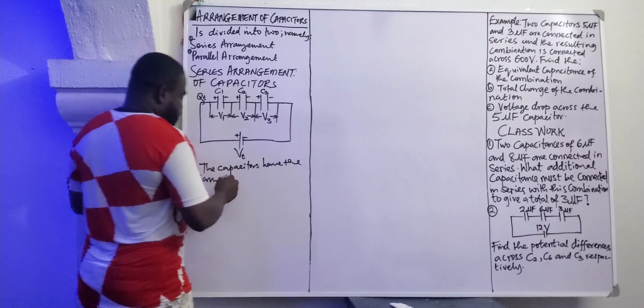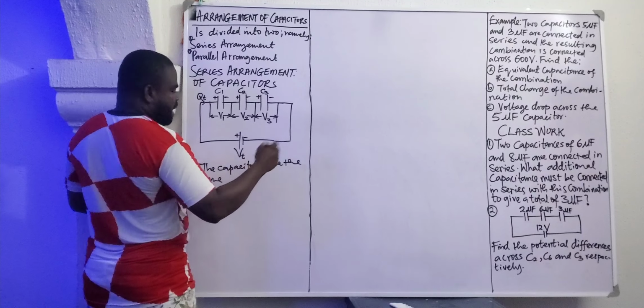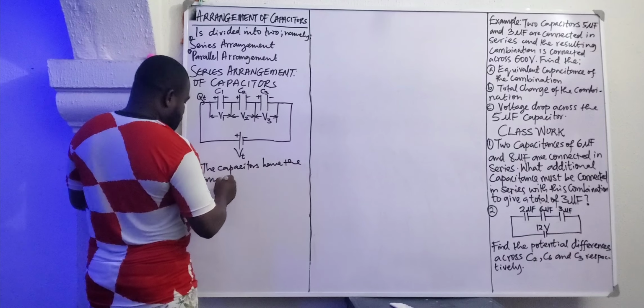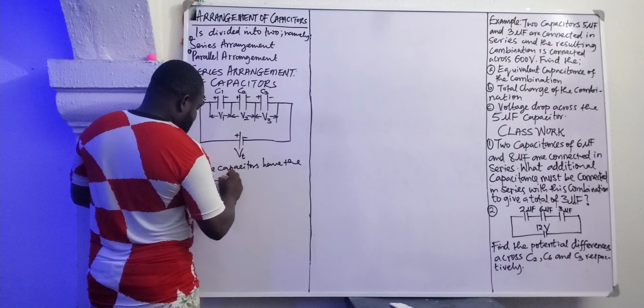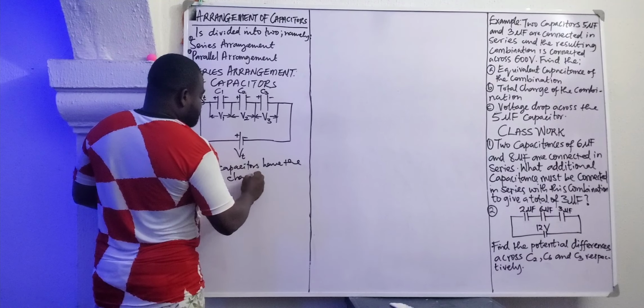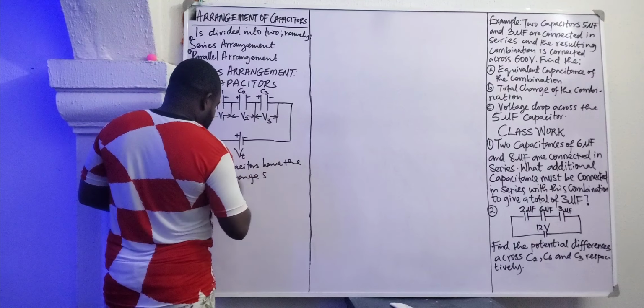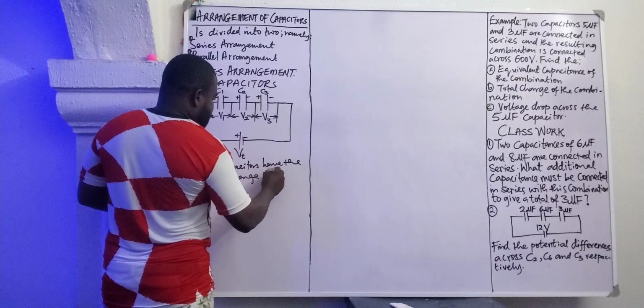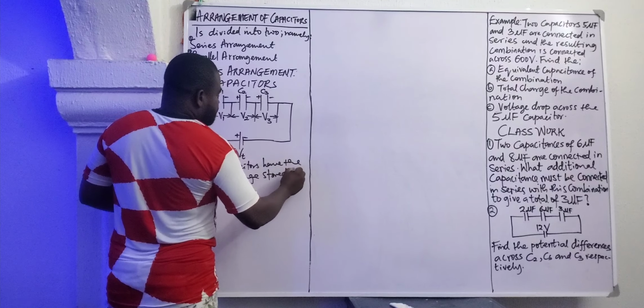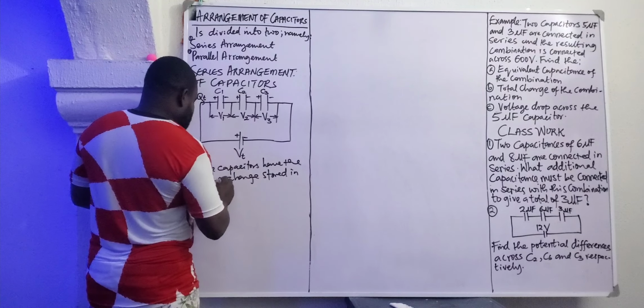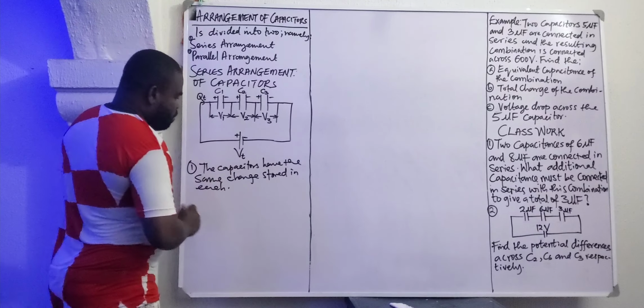And that's one quality you must know about the series arrangement, and it's often used in solving questions. They have the same charge stored in each. Same charge. What does that mean?